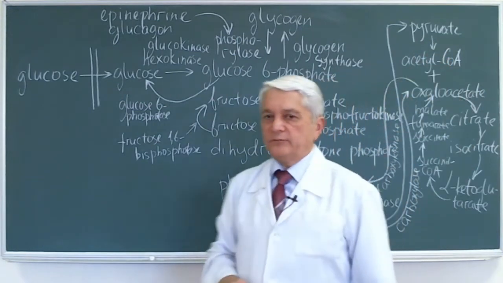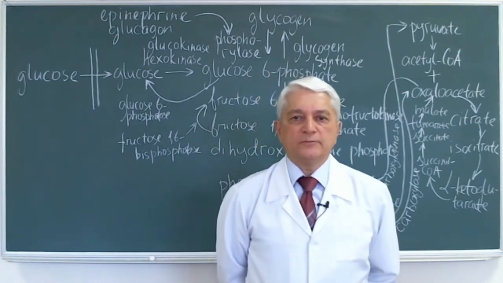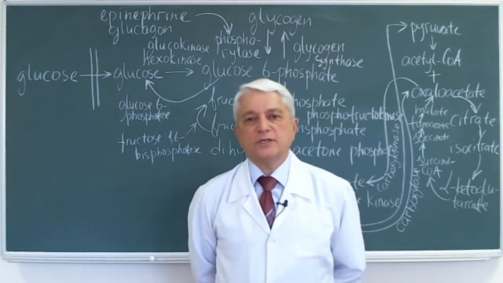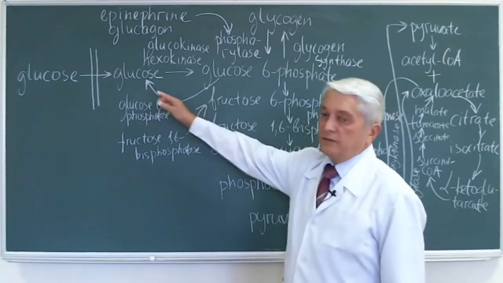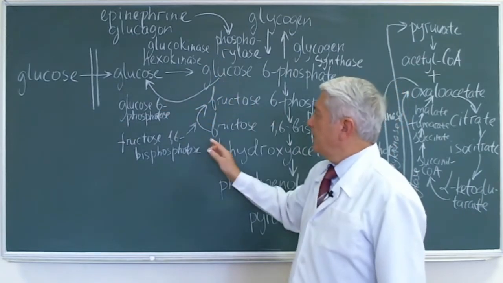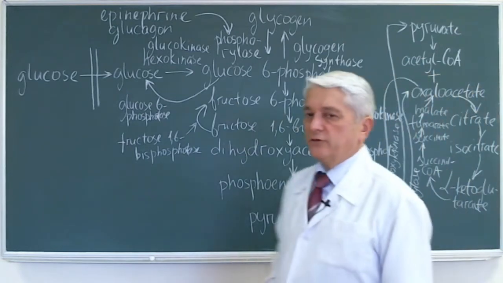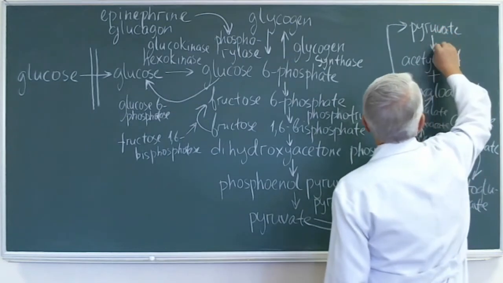You know that pyruvate dehydrogenase complex is the enzyme complex of this reaction, and this reaction is absolutely irreversible. If here we have different enzymes or different ways to return, in this case we have no such possibility.